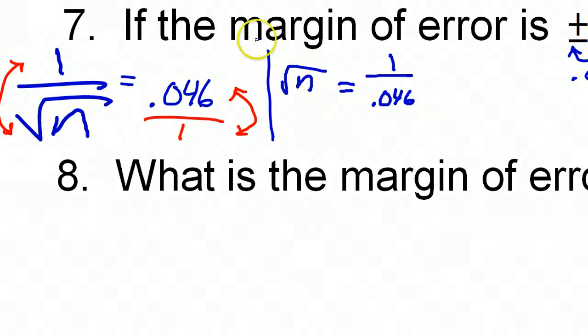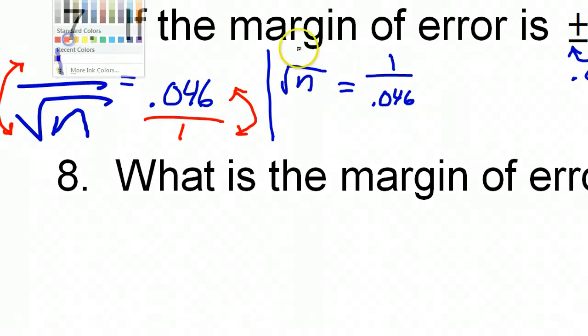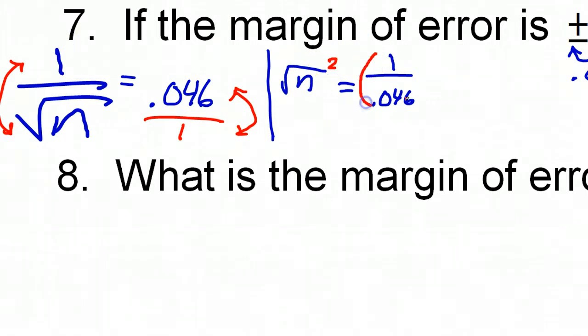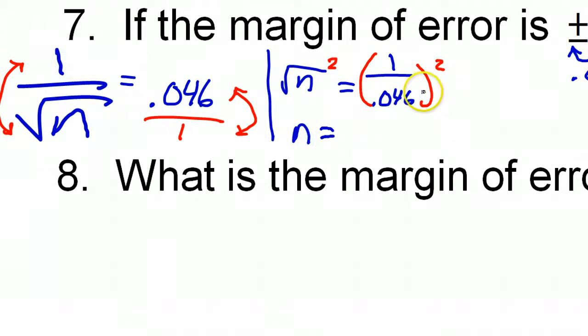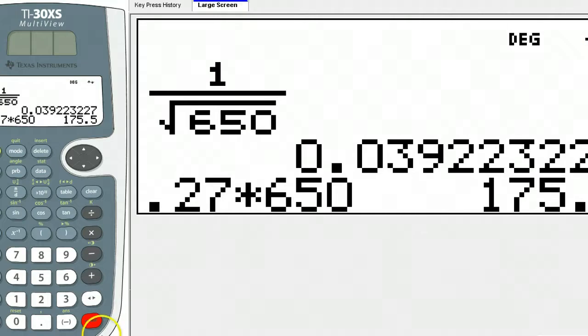To find n, I need to get rid of the radical, and to do that, I will square both sides. So 1 over 0.046 squared. That's what we're doing right now.